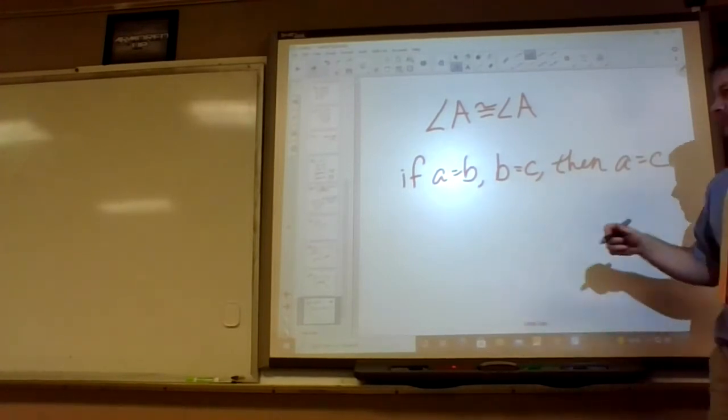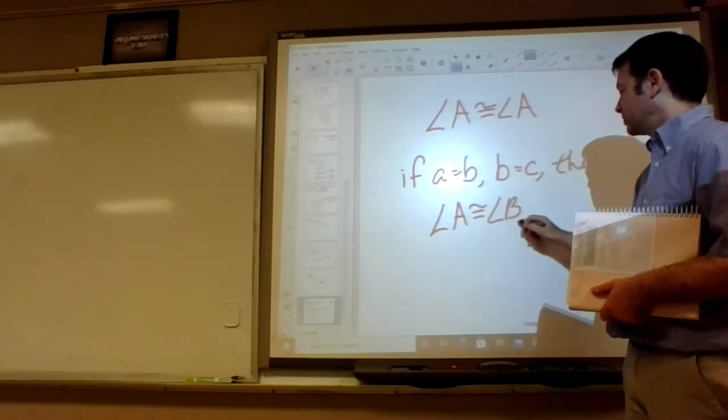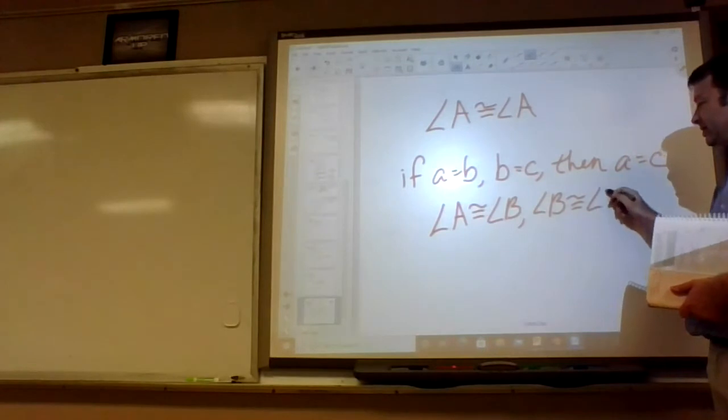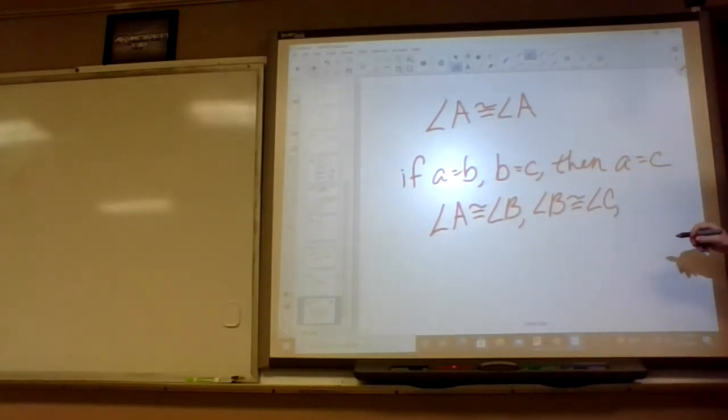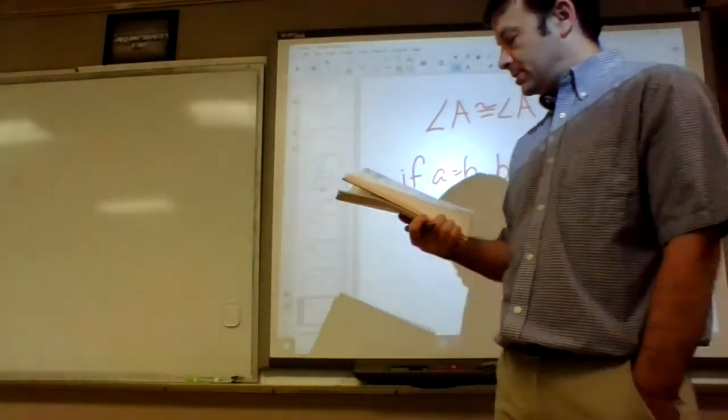Angle A is congruent to angle B, and angle B is congruent to angle C. Then angle A is congruent to angle C. If A is the same as B and B is the same as C, then A and C are the same. That is all it means.